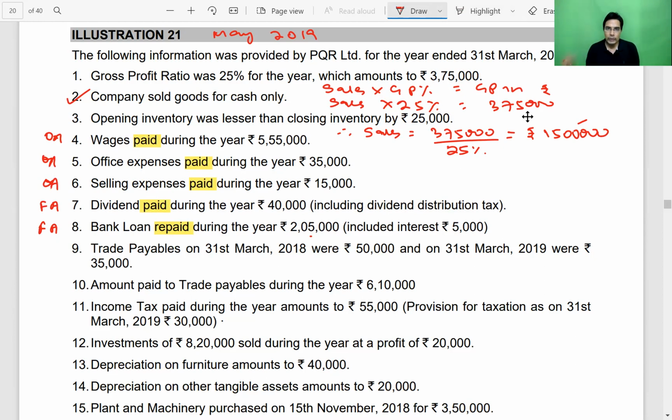And if you are solving the question by direct method, then we will prepare one trade payables account or creditors account to find out the amount paid to creditors, which will be recorded as a cash outflow in operating activity. And if we are solving the question by indirect method, then it will be required in working capital changes.